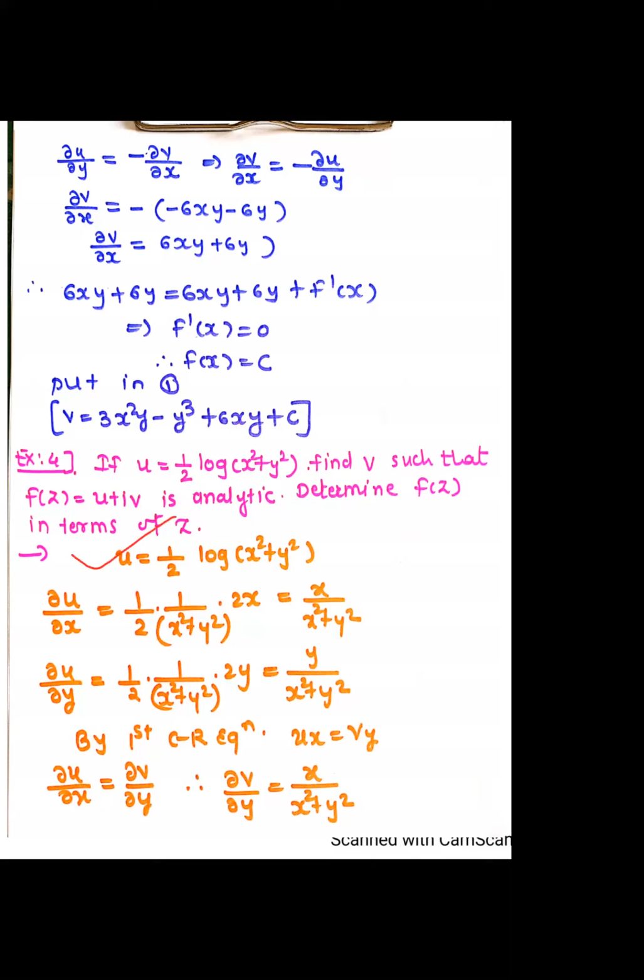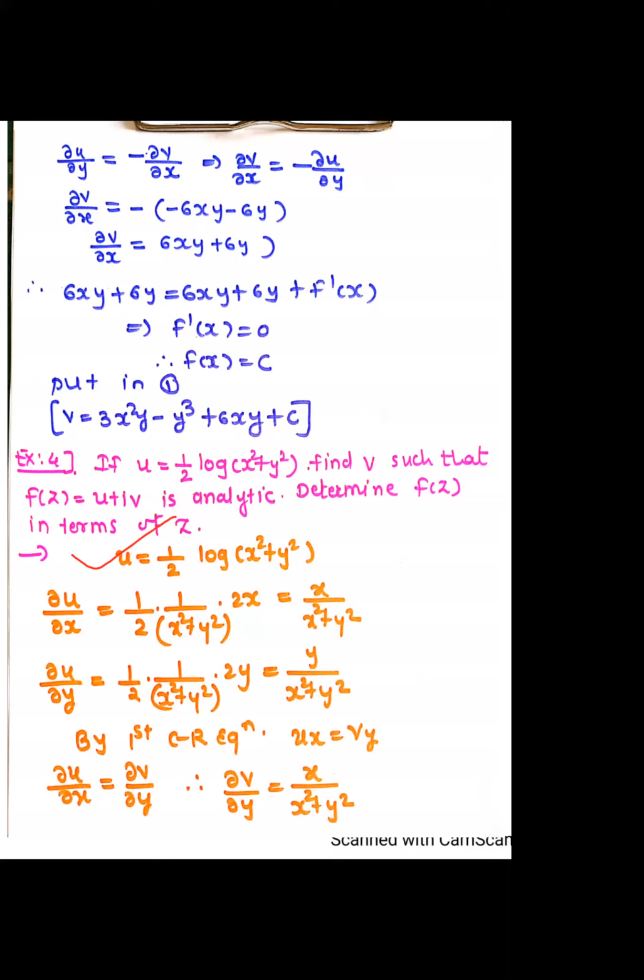Again here the real part is given, that is u of x comma y is given to us. Now first you differentiate that u. We will differentiate that u with respect to x and with respect to y. So the derivative of u with respect to x will be what?